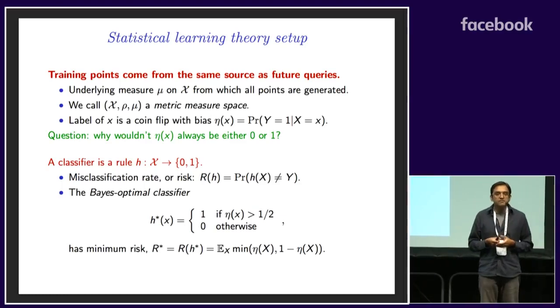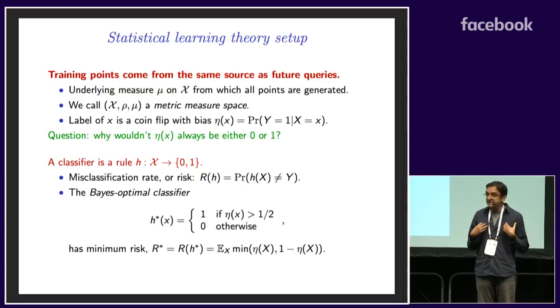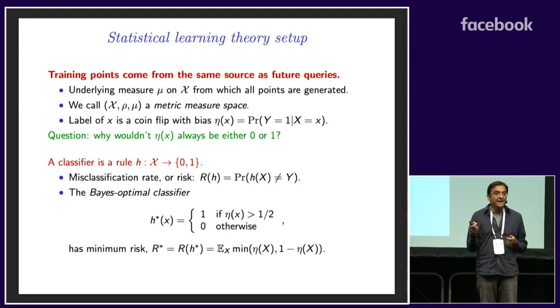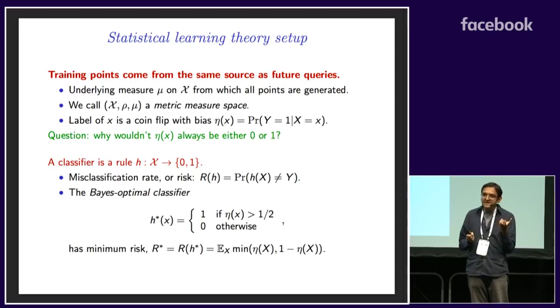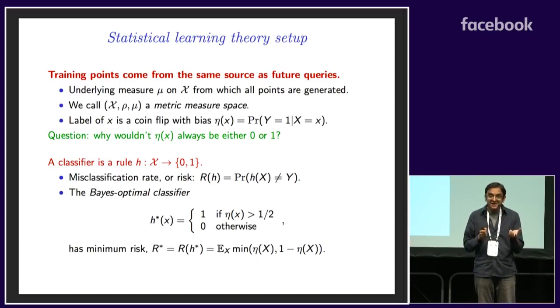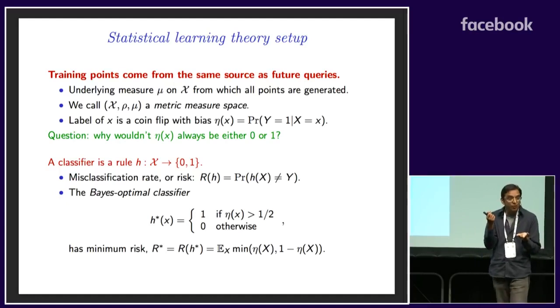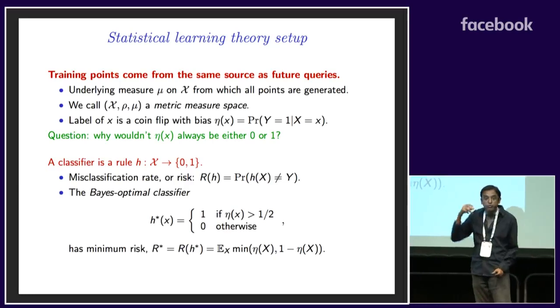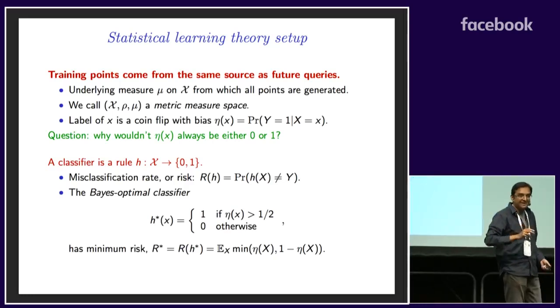For example, suppose you have a medical prediction problem where the X is somebody's medical record and the Y is whether they're going to get ill, whether they're going to get seriously ill next year. There just isn't enough information in X to be able to uniquely, deterministically specify Y. And in those cases, there really is some probability of either outcome.